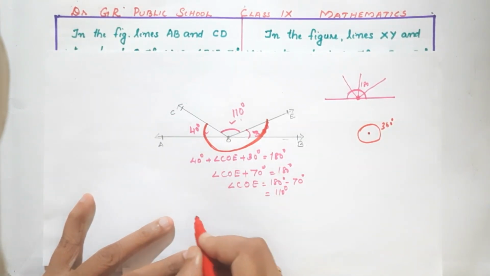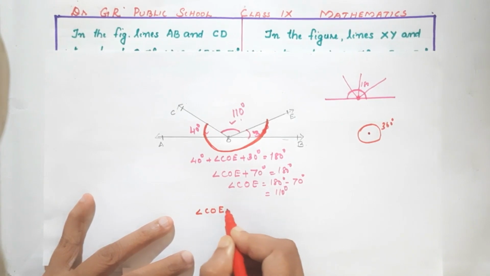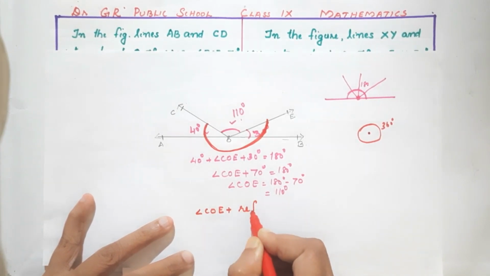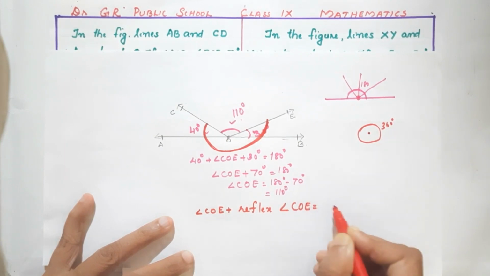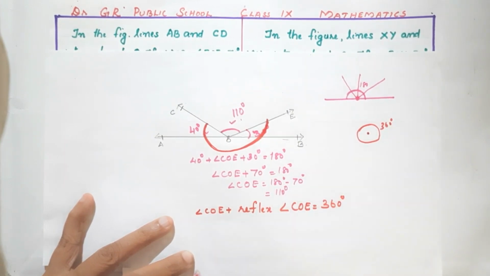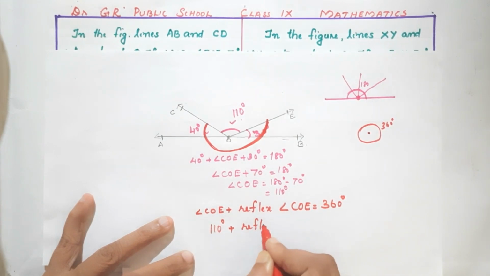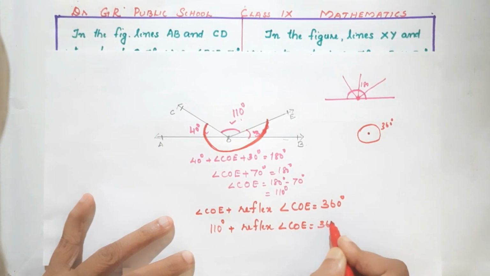So, angle COE plus reflex angle COE is equal to 360 degrees. Now, COE is 110 degrees plus reflex angle COE equal to 360 degrees.